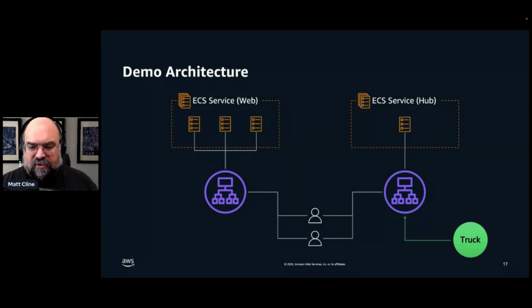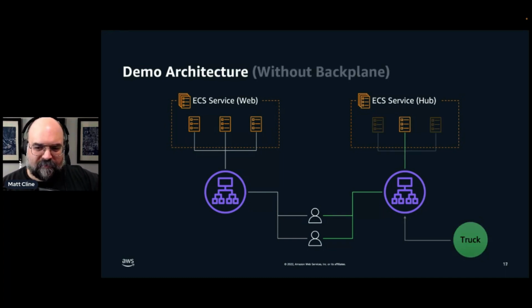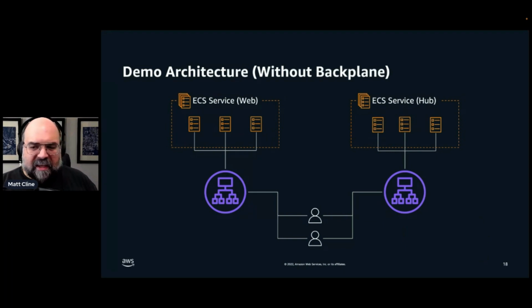So, when one of the trucks in the fleet connects to the SignalR hub and sends its position, then the SignalR hub is going to send a message to all of the connected clients, and they'll show the truck's position on the map. Now, when we first tried scaling up the SignalR hub without a backplane, well, that caused some problems.